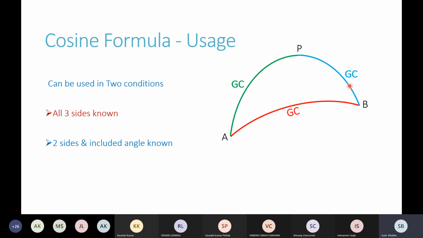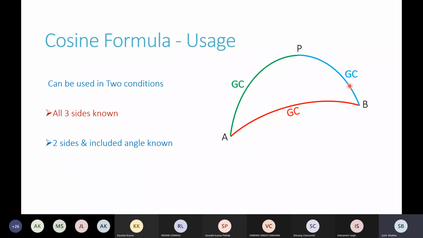Now a doubt may arise in your mind that in case we have two sides and an angle which is not the included angle, how to proceed ahead and solve that triangle. In that case, we have different methods with which it can be solved, but they are not required right now as far as the great circle problem is concerned.